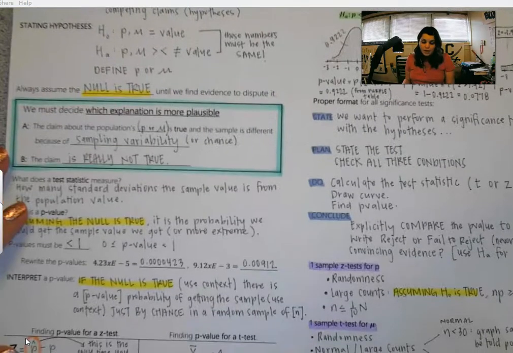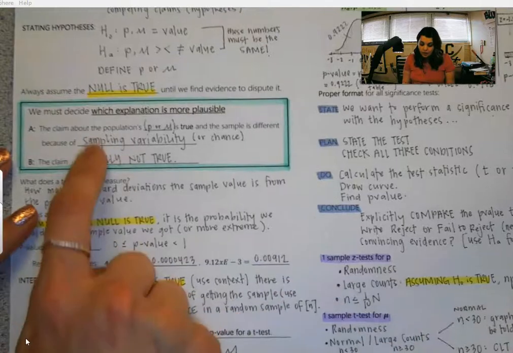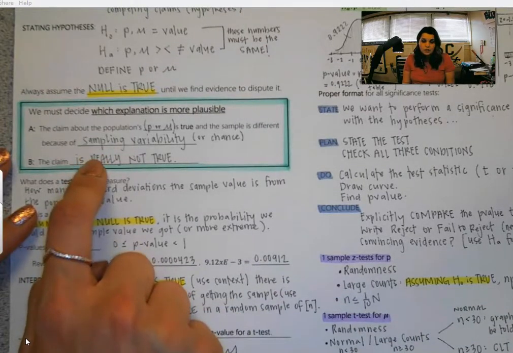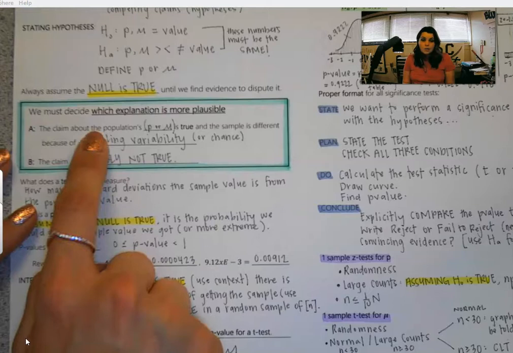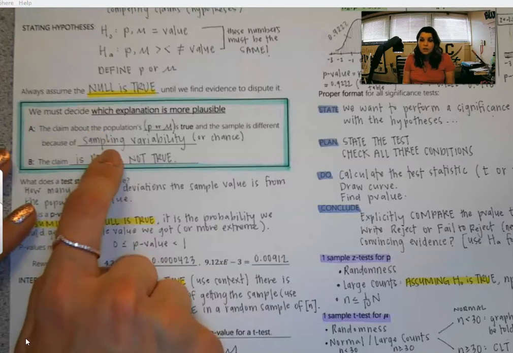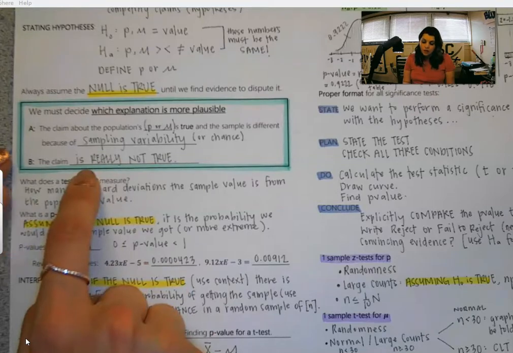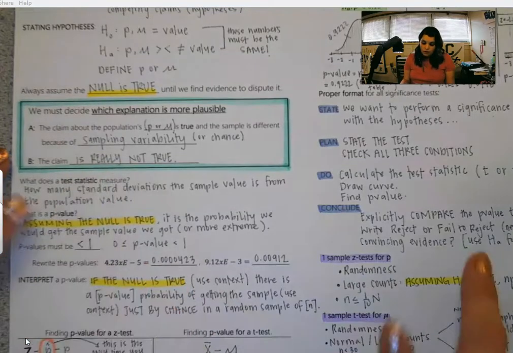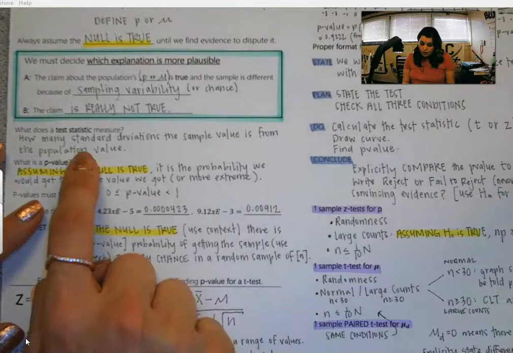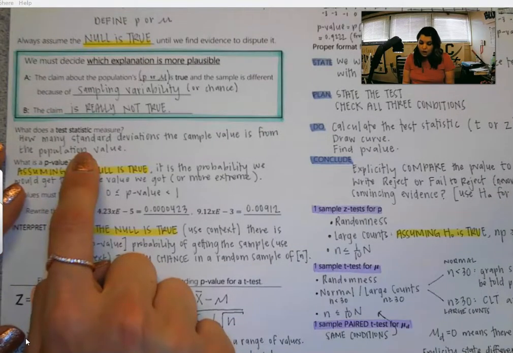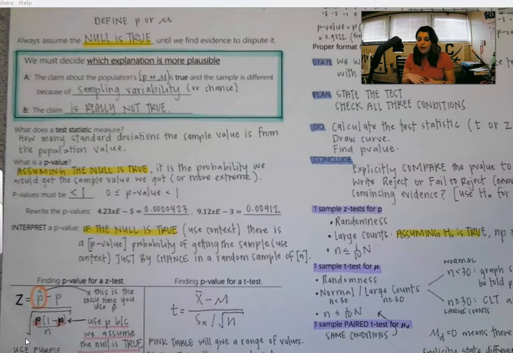When we run a significance test, we are trying to figure out which of these is true: the claim is true and we got an unusual sample just by chance, or the claim is really not true. This goes through what a test statistic measures: how many standard deviations the sample value is from the population value.